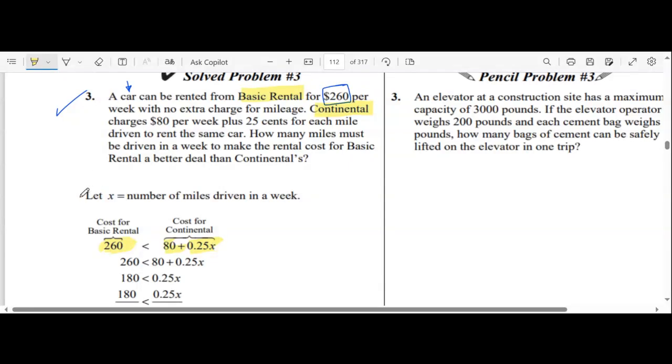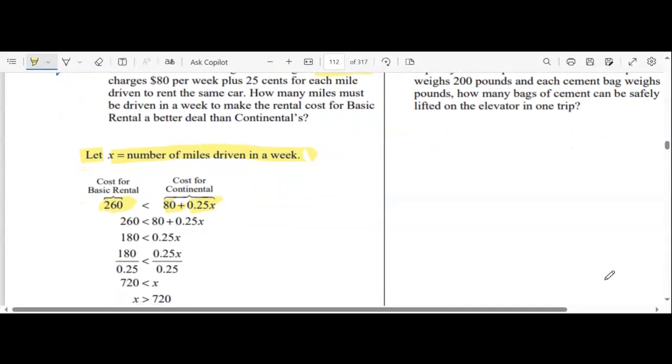So the first thing you do, you say, let x be the number of miles driven in a week. The question is, how many miles must be driven in a week to make the rental cost for Basic Rental a better deal than Continental? So how much is the Basic? 260.